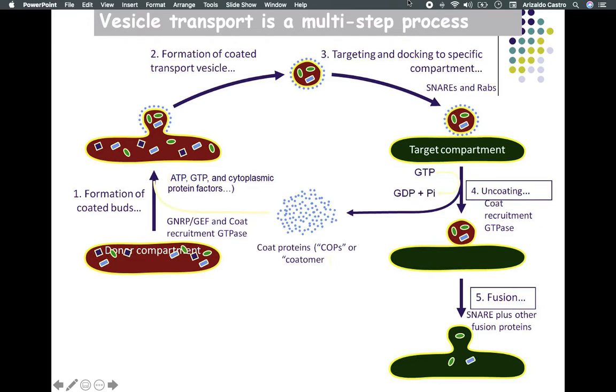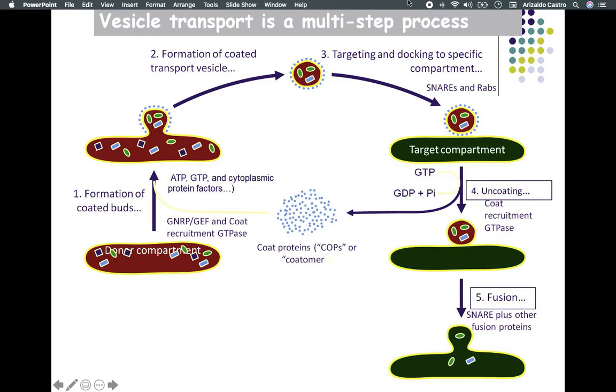Okay, let's take a look at vesicle transport as a multi-stage process. Let's take a look at the steps. So, basic things first: the formation of the coated buds.